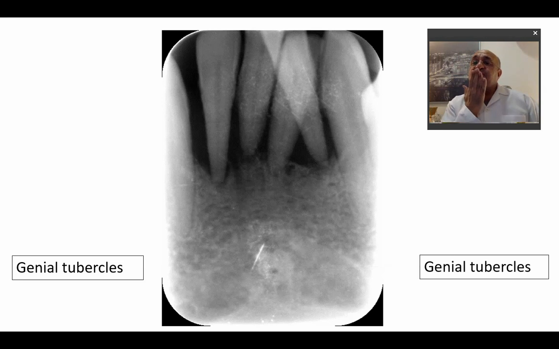So when you take the radiograph from here, if this is the lingual foramen, and the projections are this way, and this is the lingual surface of the mandible, when you put the film in here, and the lingual projections are within the line of the X-ray, they would appear as two radiopacities that are present around the lingual foramen or the lingual pit. But in reality, they are extending backwards.